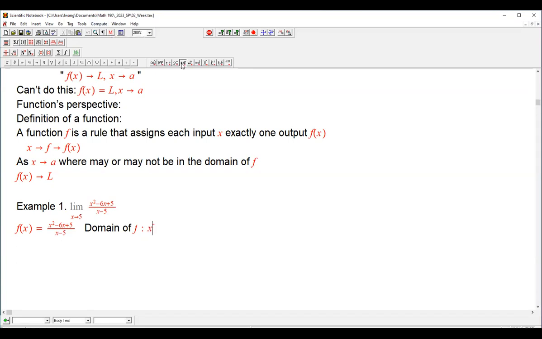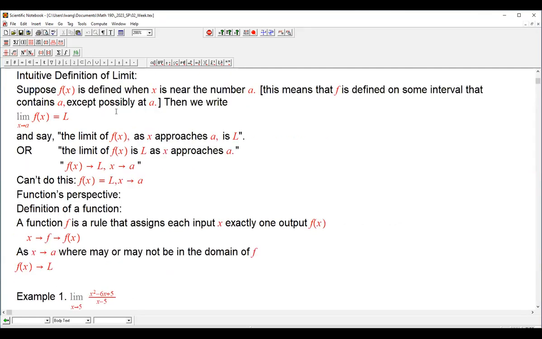So we're going to write it as X is not equal to 5, meaning the domain includes all real numbers except 5, because 5 will make the denominator equal to 0.